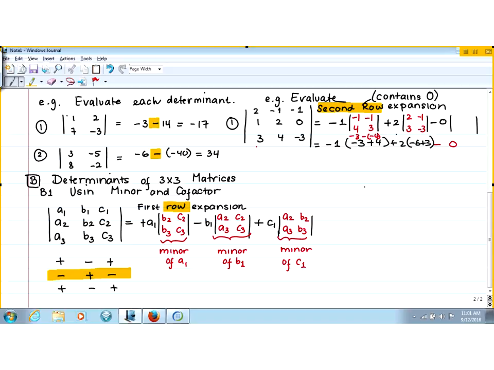Yes, Melissa? Which one? I'm sorry. Oh, the determinant on the first one? This one? Hold on.